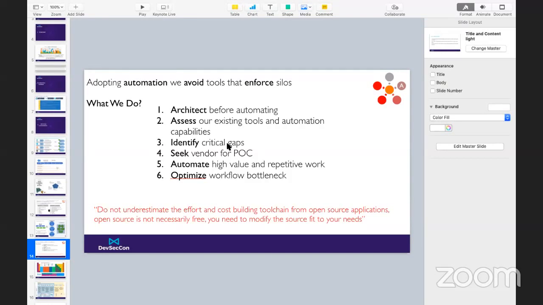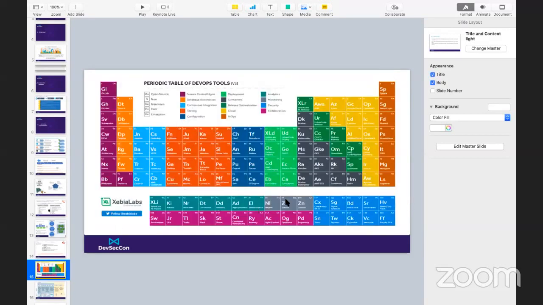So when you do the automation, this is what we do, six steps. We architect, we assess, we identify the critical gaps, we seek a vendor for the POC, we automate only high-value and repetitive work, and we optimize the workflow bottleneck. So this is a guidance when we want to choose DevOps tools or DevSecOps tools.